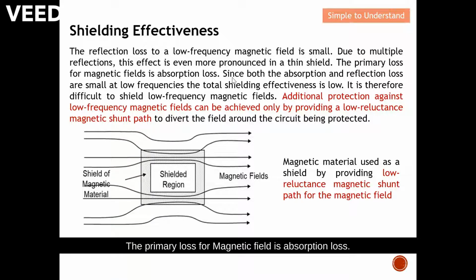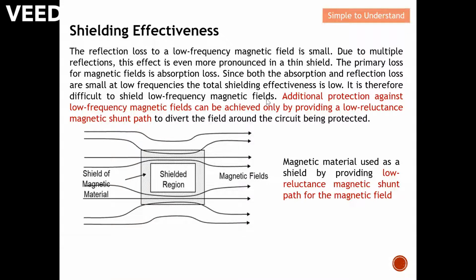The primary loss for magnetic field is absorption loss. Since both the absorption and reflection loss are small at low frequency, the total shielding effectiveness is low. It is therefore difficult to shield low frequency magnetic field.